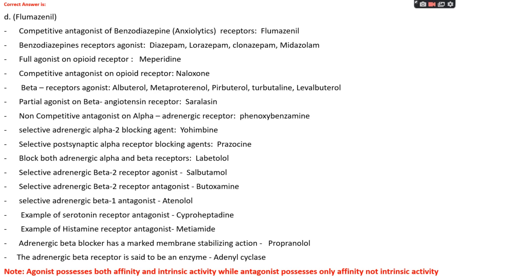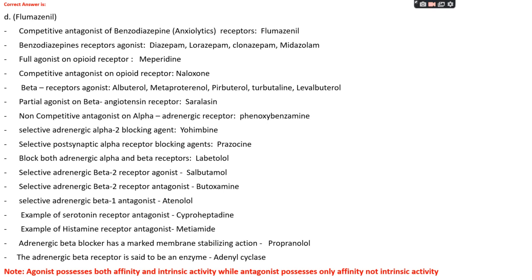Non-competitive antagonists are antagonists that the agonist cannot compete with. Once a non-competitive antagonist binds to the receptor, even increasing the amount of agonist cannot replace it. The non-competitive antagonist on alpha adrenergic receptors is phenoxybenzamine.